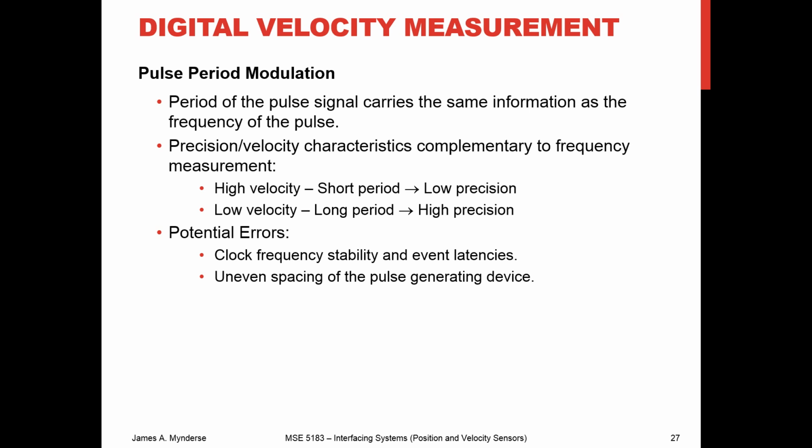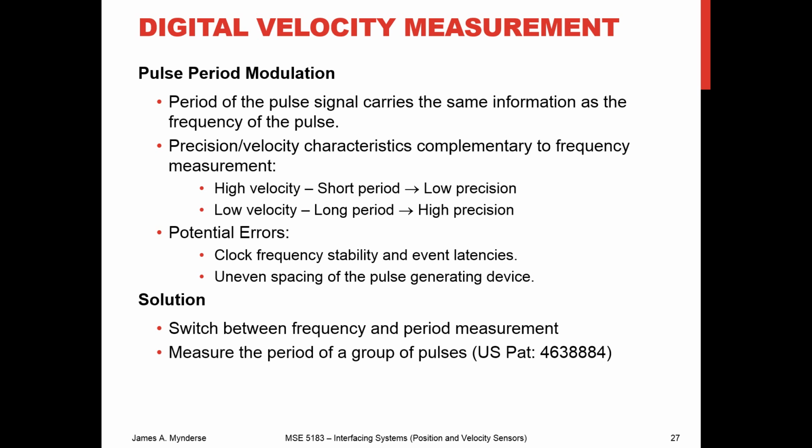We still have the potential errors in that the stability of our clock and the latencies are going to be potentially bad. And if we've got uneven spacings, then again we've got a problem. But assuming that our clock is good, assuming that our spacing of our pulses is good, then pulse period for low velocity, pulse frequency for high velocity. And so what you could do is you could switch back and forth, or you could run them both at the same time and compare answers.